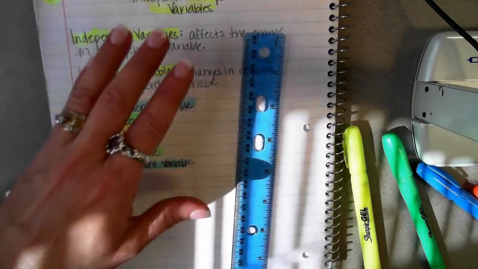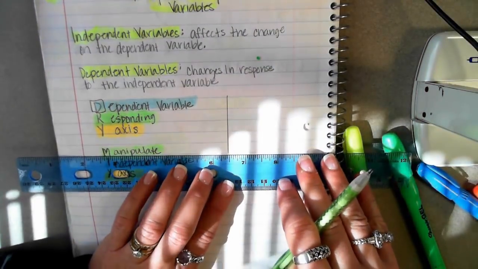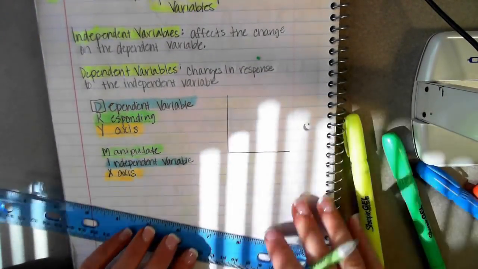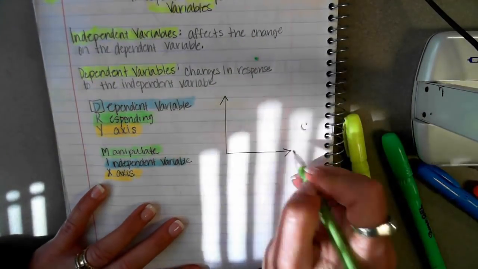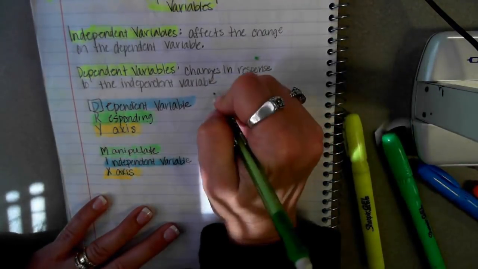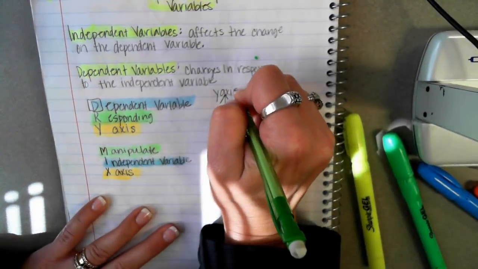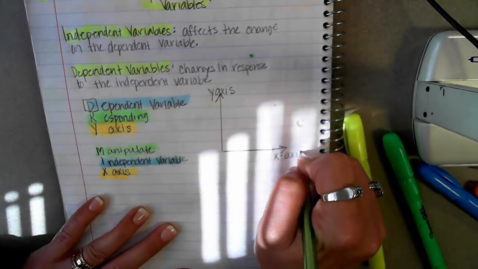If I were to graph this, I'm going to make my little graph, two number lines coming together. This is my y-axis, and this one is my x-axis.